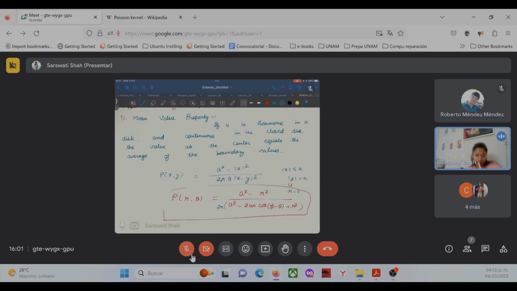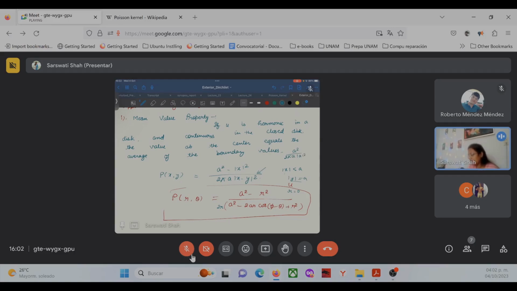This follows from the Poisson kernel at the origin. If we consider the origin, we take x equals to 0 and modulus of y equals to a, so a squared over 2 pi a times modulus of a squared.